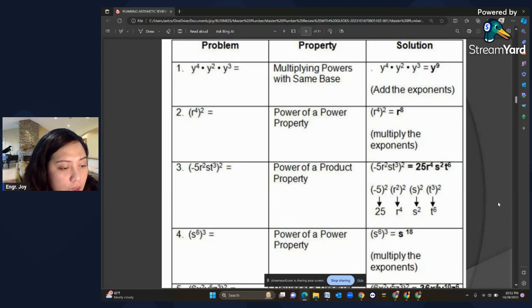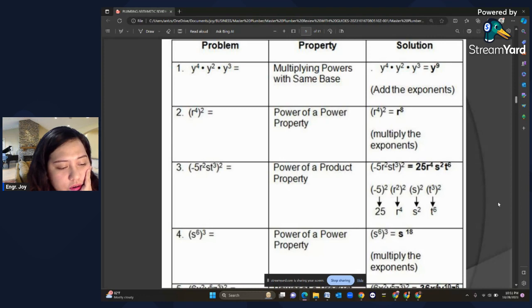Copy the r, and 2 times 2, that is 4. Yung s, since 1 ang kanyang degree, times 2, that is s squared. Yung t naman, copy the t, 3 times 2, that is 6. So, that's why the answer is 25 r raised to 4, s raised to 2, t raised to 6.